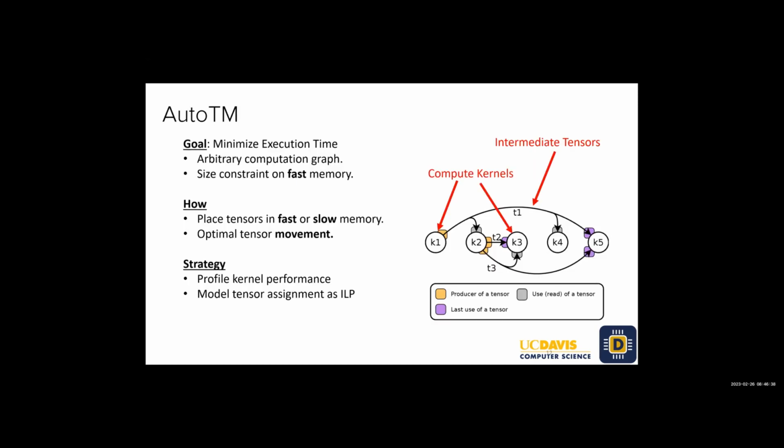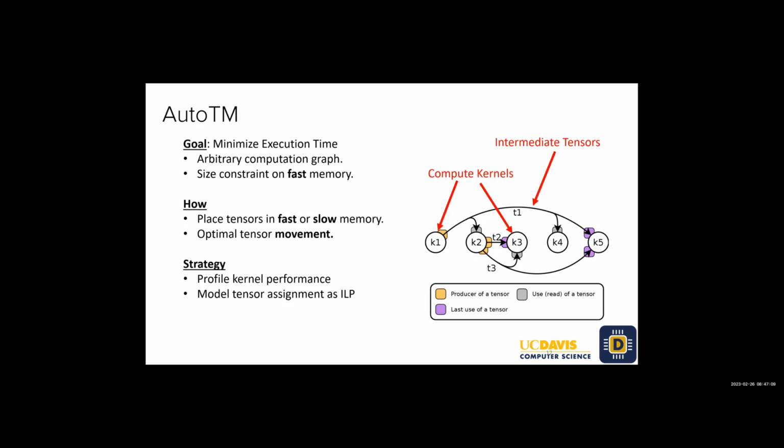So the way AutoTM works, and I'm just going to give one quick slide on this, is that when you're training your kernels or your graphs, we have this compute graph, which has a bunch of kernels, and these kernels either produce tensors or consume tensors, and then they do their computation. In AutoTM, we were looking at CNN training, and these convolutional neural nets are mostly static graphs.